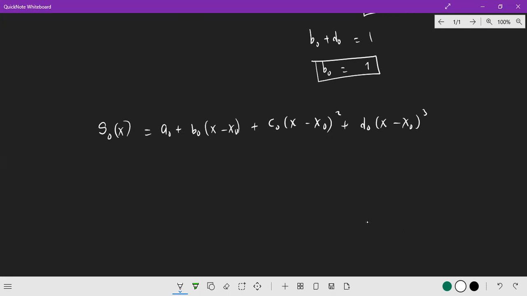Okay, so if you plug in all the values we found, you see that X naught is equal to 0, remember that. So what we have will just be X. Okay, that is our S naught. Just get the X. All these are zeros. You have A naught, C naught, D naught are zeros, and X naught again is equal to 0. So the values of X for this one are between 0 and 1.